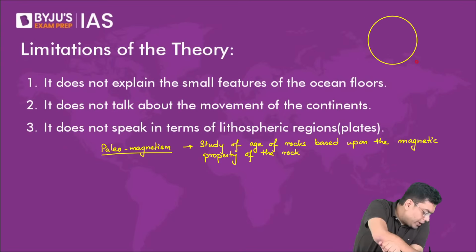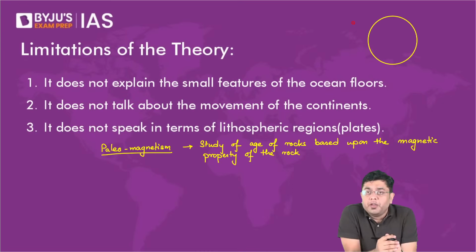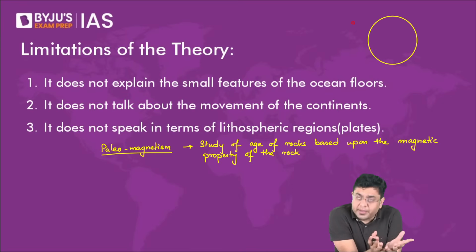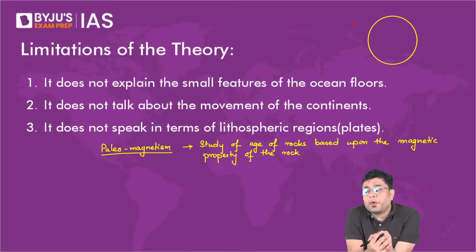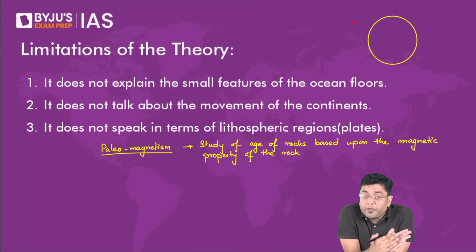Now, when we talk about the planet Earth, yesterday we had talked about geomagnetism. We had talked about how planet Earth has got its magnetic properties associated with it. And we also talked about the fact that these magnetic properties keep on changing continuously. Now, with the help of the studies that have been carried out for the past 100 years, we have developed enough computer simulations that we are able to calculate what the magnetic field would have been, let's say, 3 billion years ago, or 500 million years ago.